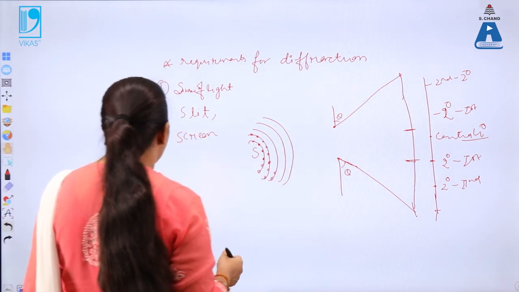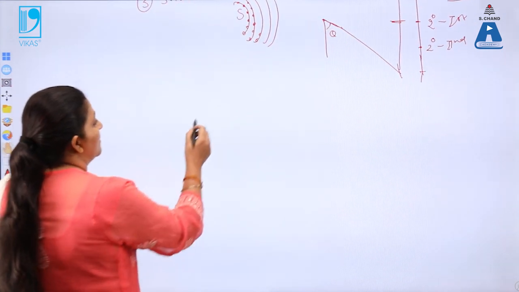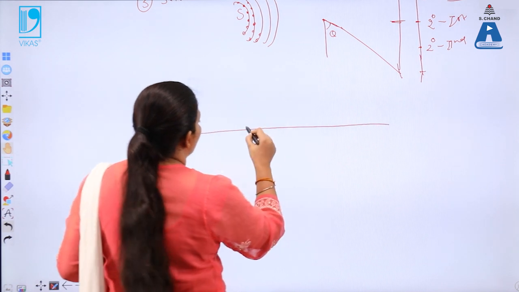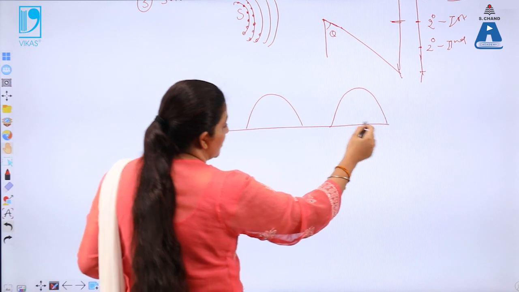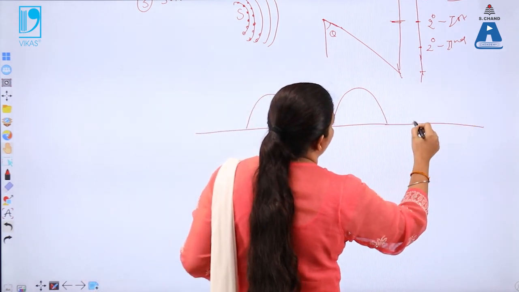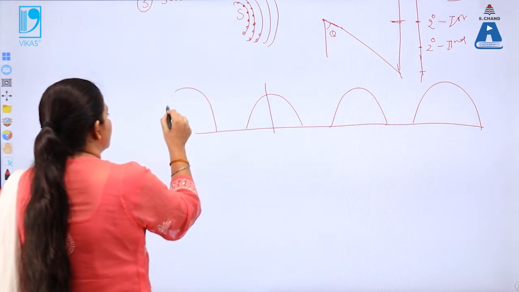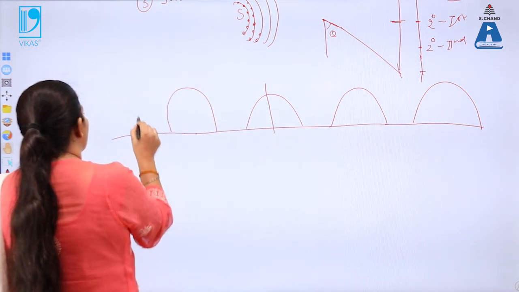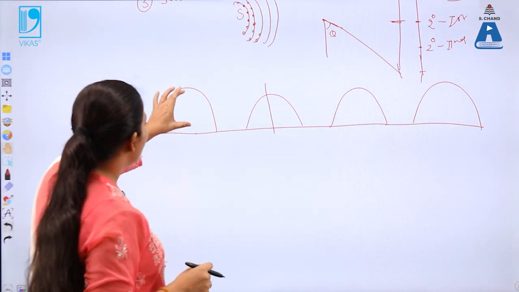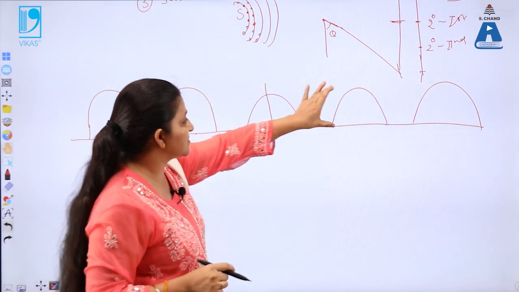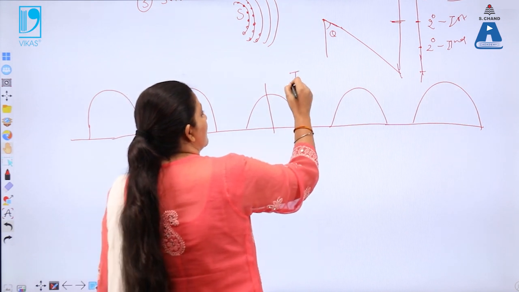In the interference pattern of Young's double slit experiment, if this is the central maxima, then these will be the positions of the other maxima on both sides of the central maxima. The intensity of these maxima is the same. So that is the case of the interference pattern.